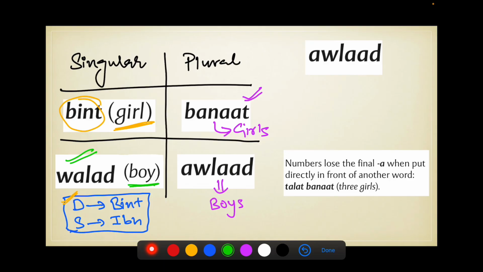But we already learned in the previous slide that awlad is for children. Now we also learned that awlad can be used for boys as well.